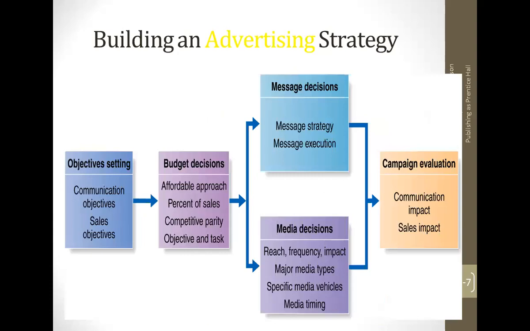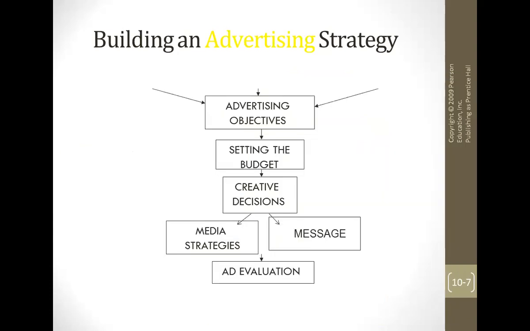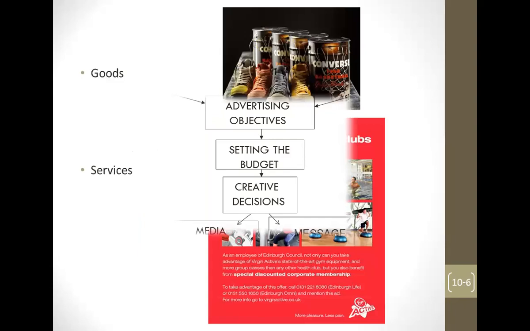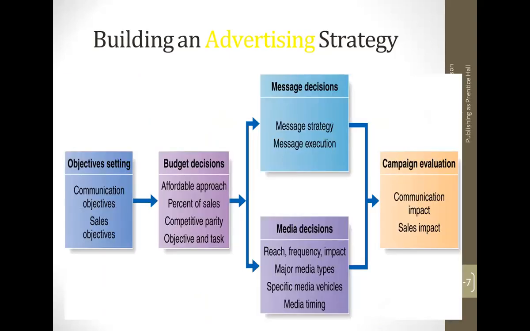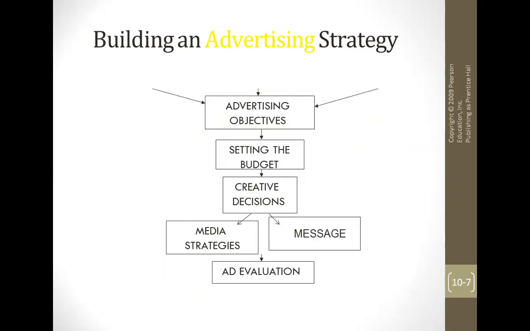Okay, so let's quickly look at how we build an advertising strategy. Building an advertising strategy will always start with identifying advertising objectives. And these advertising objectives will always come from the company's goals and objectives. Remember, we spoke about the mission and the vision. That is where it comes from. So we start right there, and then we define our advertising objectives from there.